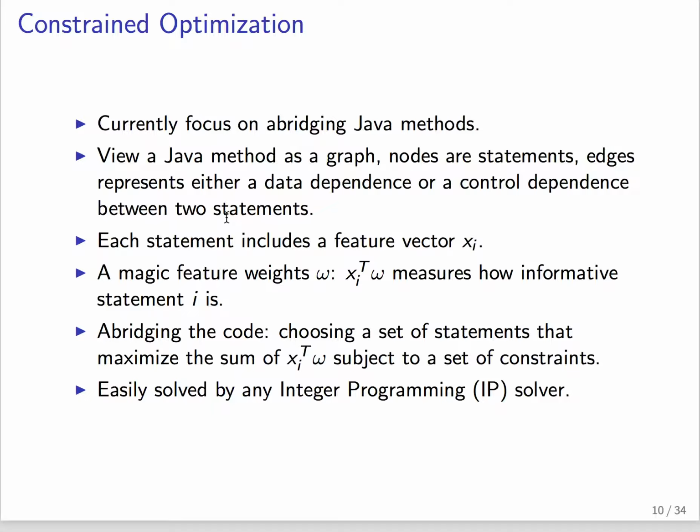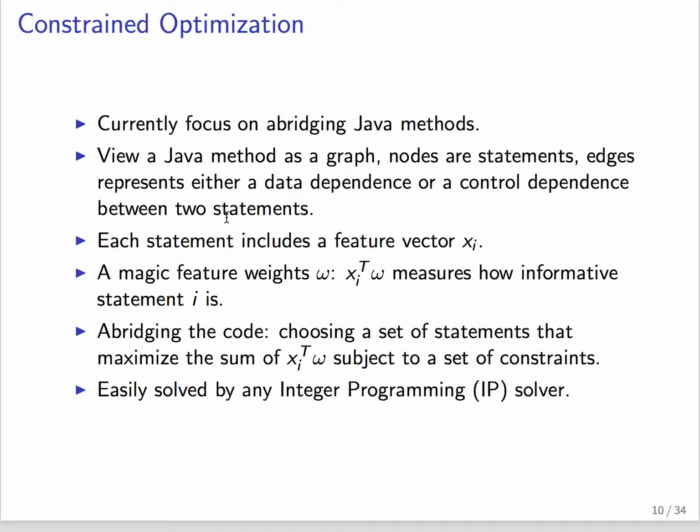Then you can imagine we have a magic weight vector omega, so that the inner product of this feature vector and omega measures how informative this statement is. I'll talk about how we choose the feature vector at the end of this methodology introduction.